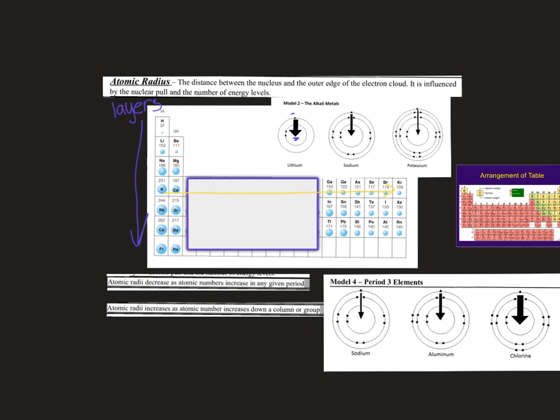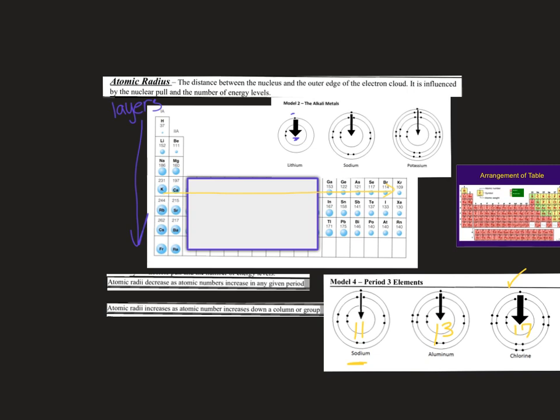If I increase my number of protons, which we just saw was 11, 13, and 17, then you can visualize the idea of a smaller magnet, a medium magnet, and a super huge magnet, and they're just pulling in. This is a stronger magnet, meaning it's pulling in a whole lot more than the 11 magnet.